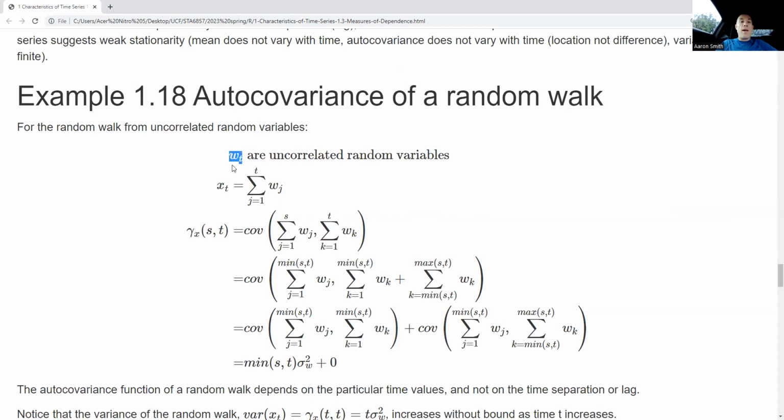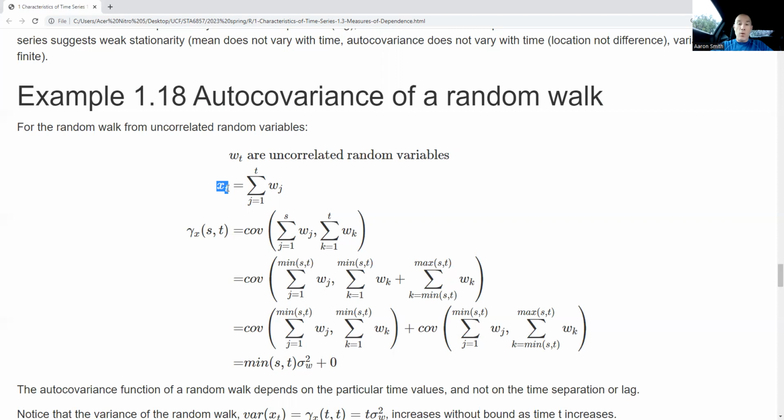The addition of the first T observations will be my time series up to time T. What we're interested in is the covariance of the random walk, not of the original random variable.